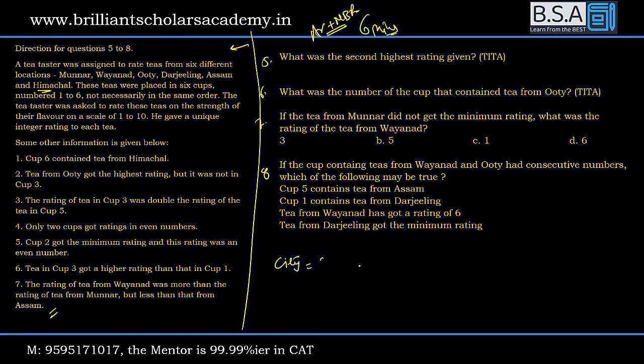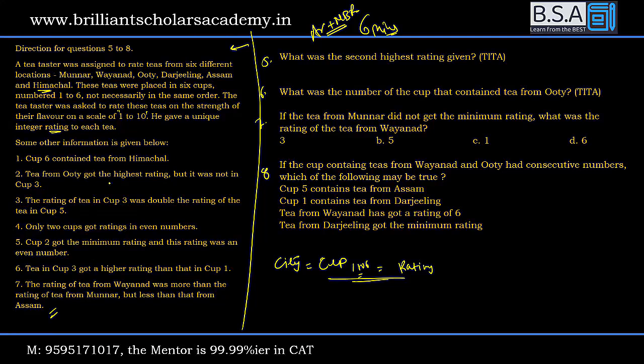City or a region or a state, a place from which the tea is originating, with a cup number. Cup number can be from 1 to 6, and you must also match it with the rating. You need to match the rating of each tea, which can be anything from 1 to 10. And cup number 6 contains tea from Himachal.